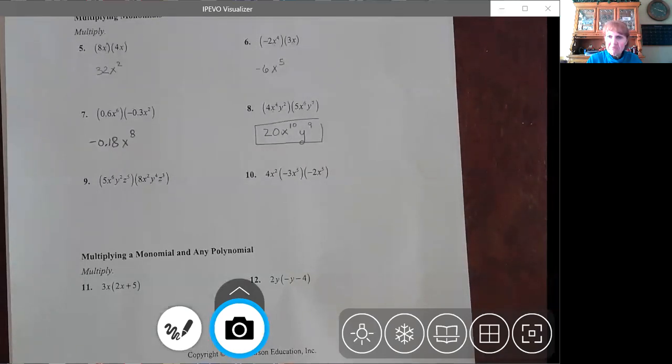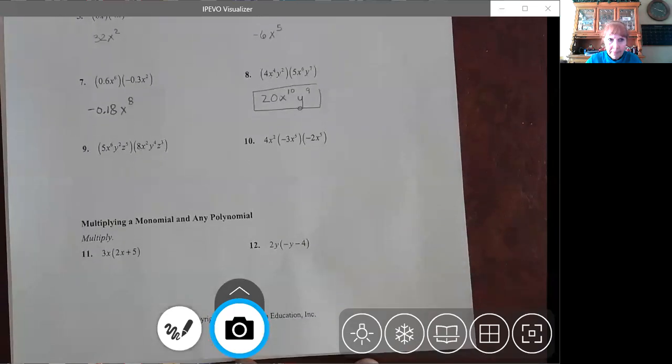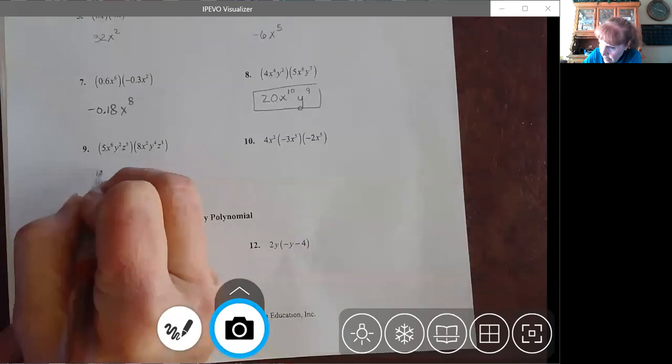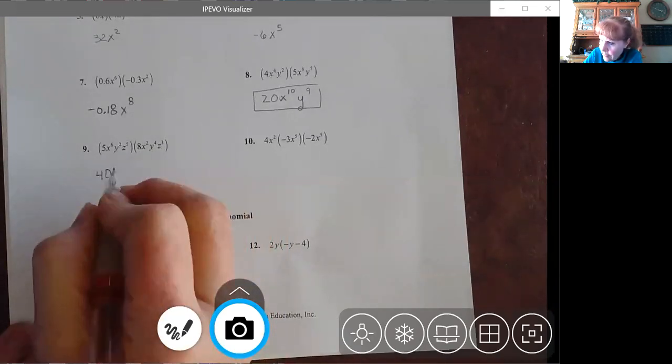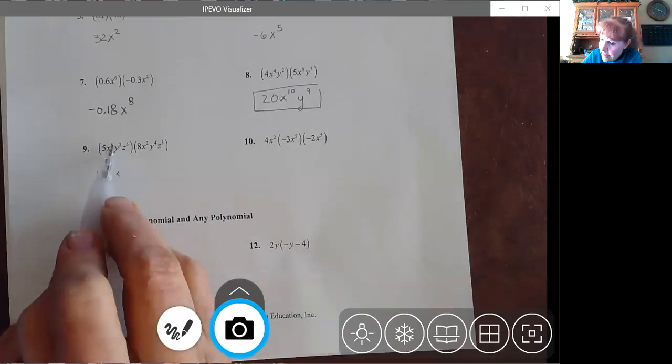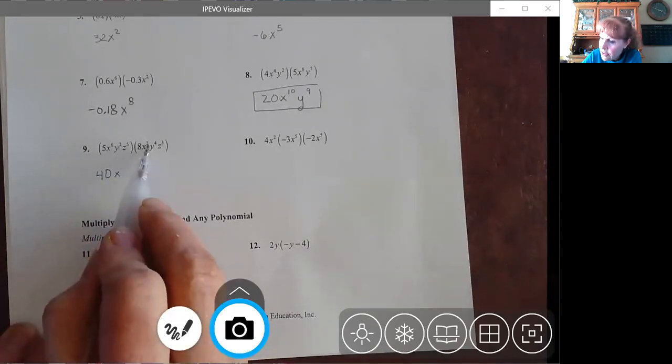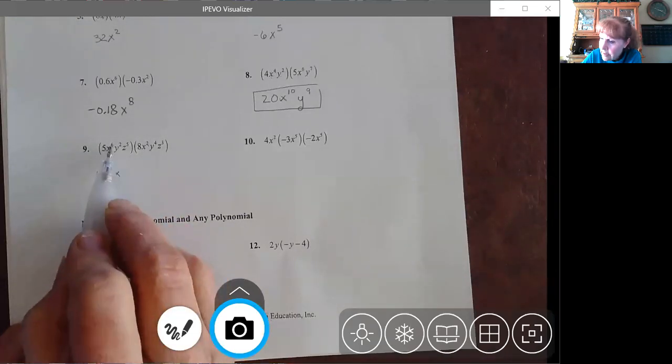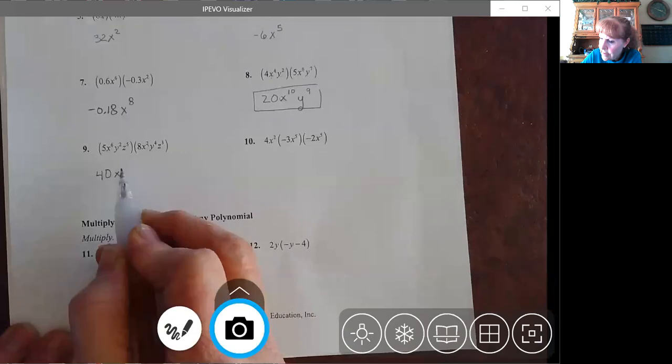Let's try the next one. It's really not so bad. 5 and 8 are the coefficients, so we will multiply those numbers in front. That gives us 40. Okay. We'll start with x. We'll go in alphabetical order here. 6 plus 2, those are the exponents on the x's. 6 plus 2 is 8.